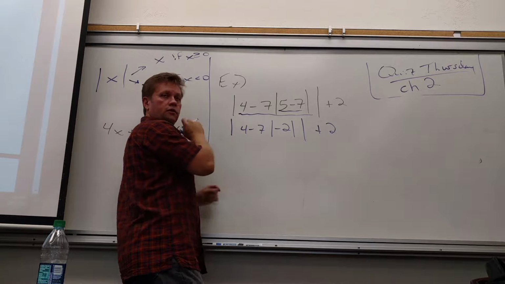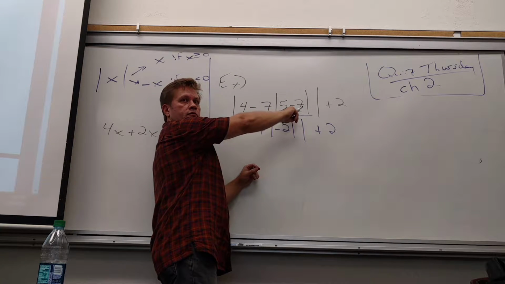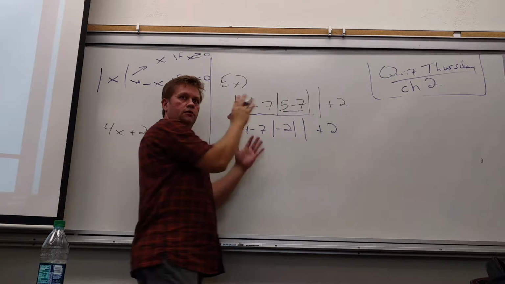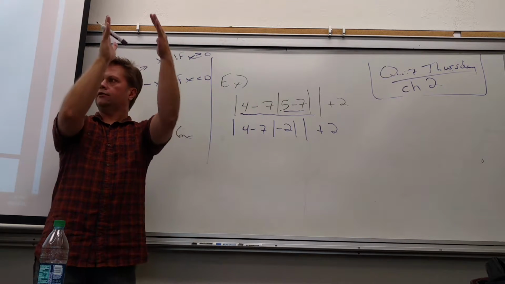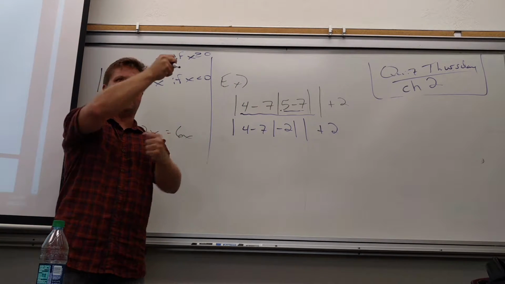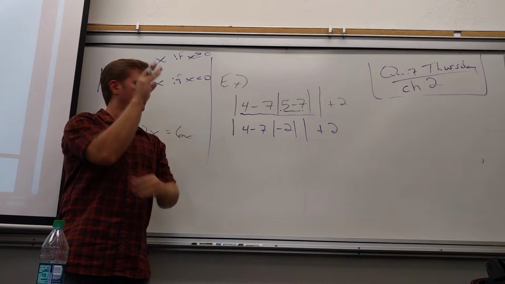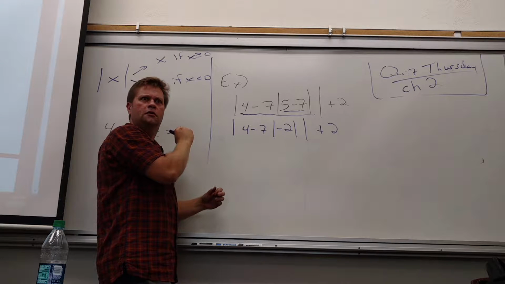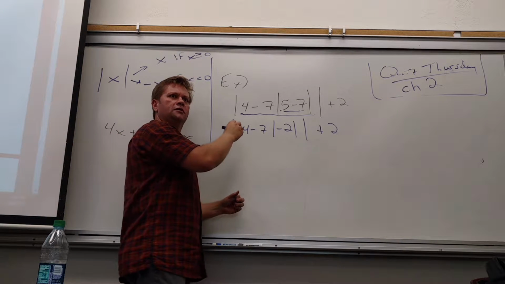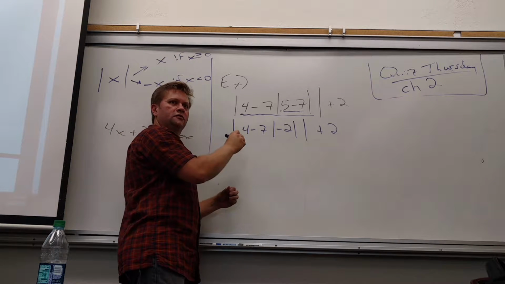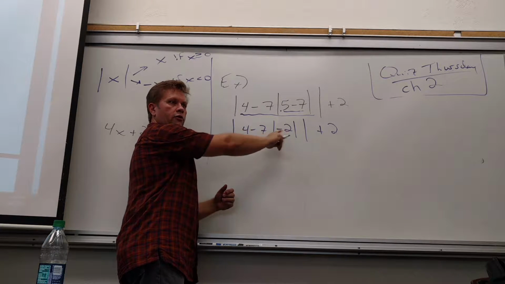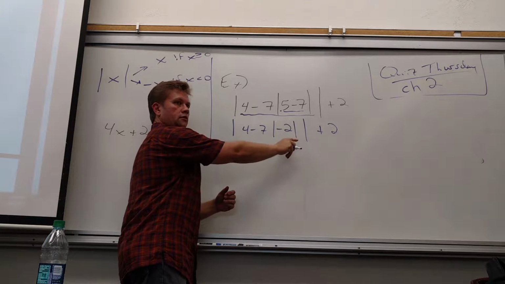What's the next thing you do? I'm sorry, 5 minus 7 is negative 2. So I started at the innermost parentheses, or in this case, absolute values. They're like parentheses that somebody just hammered out. So what do I do next in here?